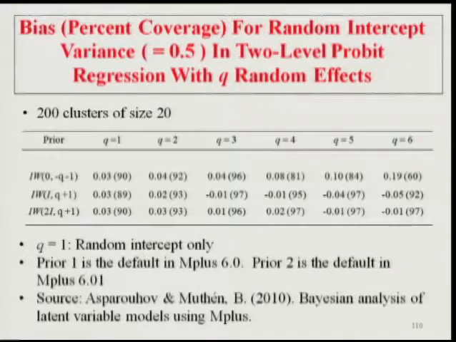It's actually not the estimated variance component here, it's the bias, as it says in the heading. 0.03 bias is point estimate-wise a little bit off from the true value, but the real focus is the coverage. Coverage is fairly good. But as you go up to higher dimensions, the coverage gets fairly bad.